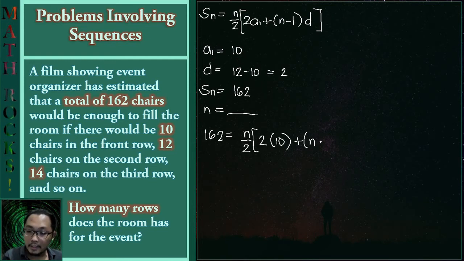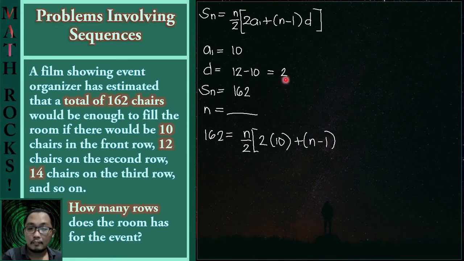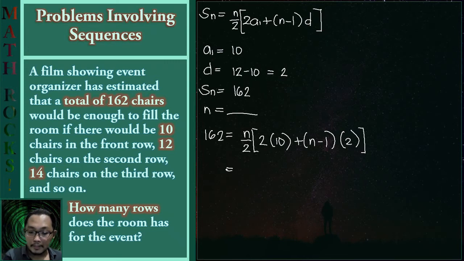And again, your n remains unknown, while for the value of d, we have a 2. And now let us simplify this resulting equation. So we have our 162 here.